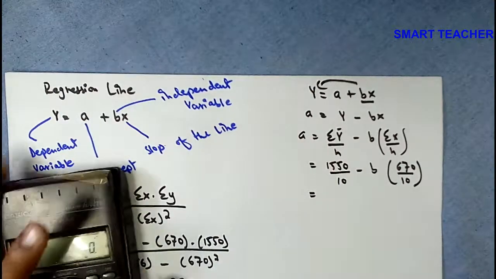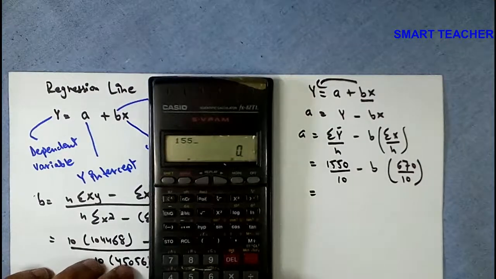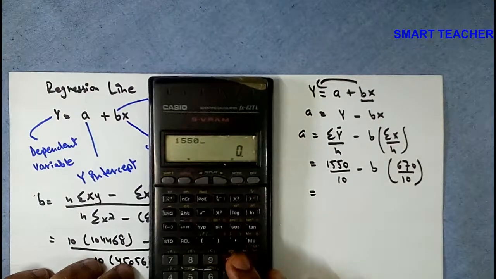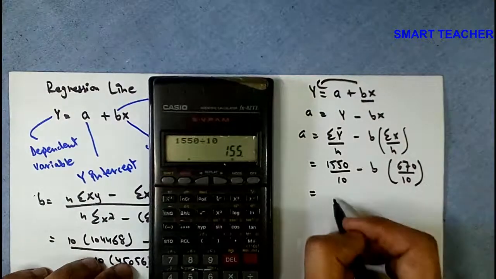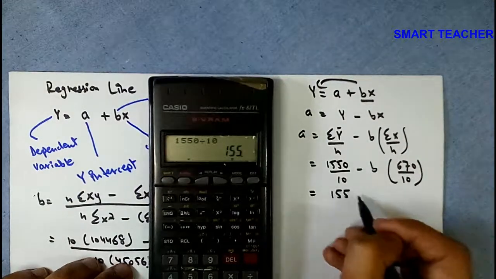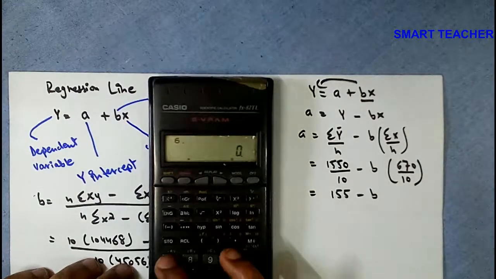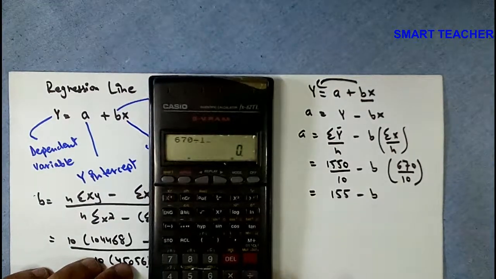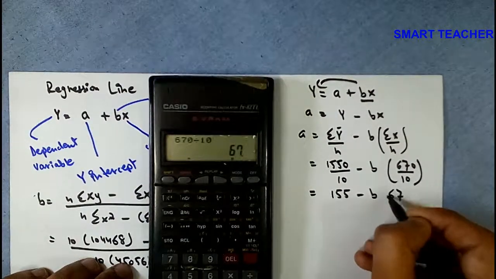I can show you on my calculator. Dividing 1550 by 10, we get 155 minus b times 670 divided by 10, which is 67.